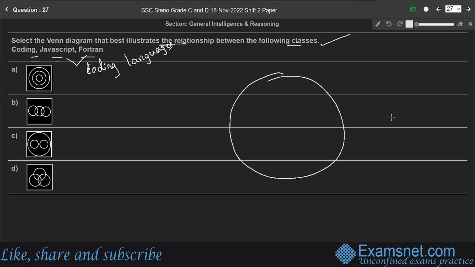If you consider the set of coding, the set of JavaScript and the set of Fortran are included in it. These two are separate coding languages. Hence, option C best illustrates the relationship between the given classes.